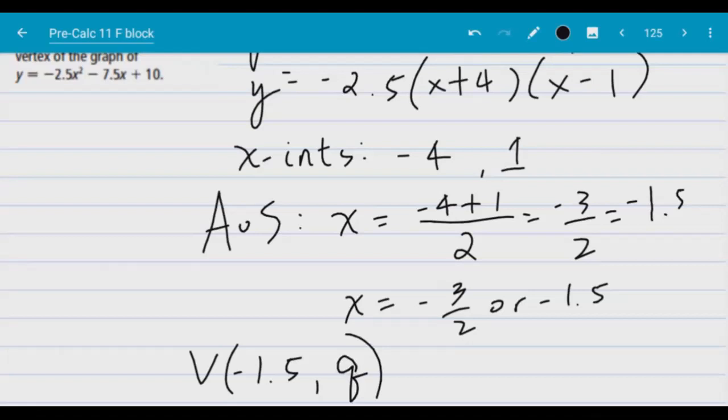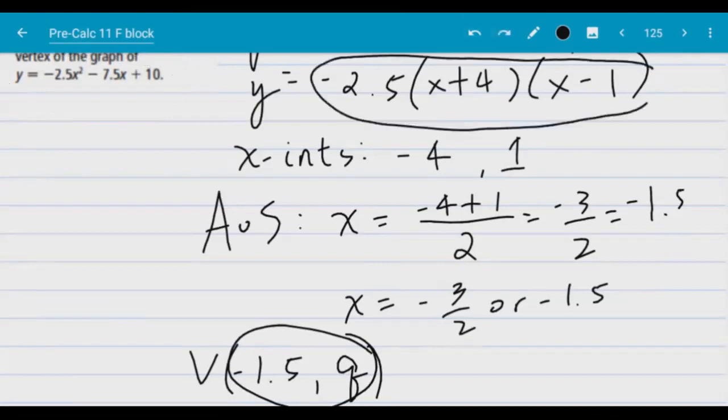Now, if you're thinking, how do we get that? Here's the key. Guys, you have to understand that since this vertex is a point in the graph, that means that this point, whatever that q value will be, will satisfy this original equation. All right? Or in this case, it will satisfy this factored form of the equation.